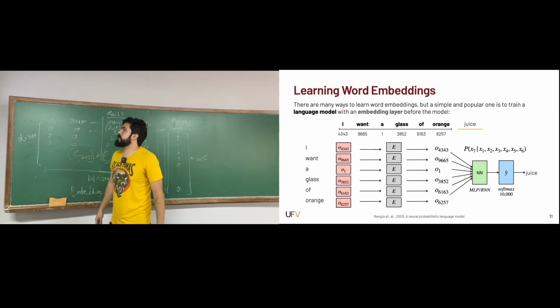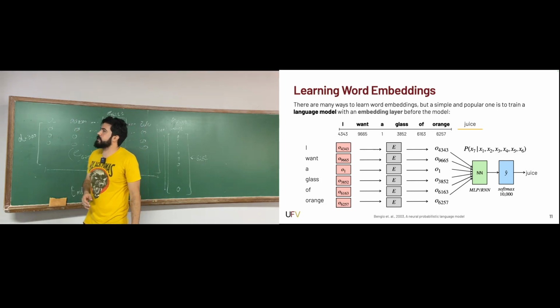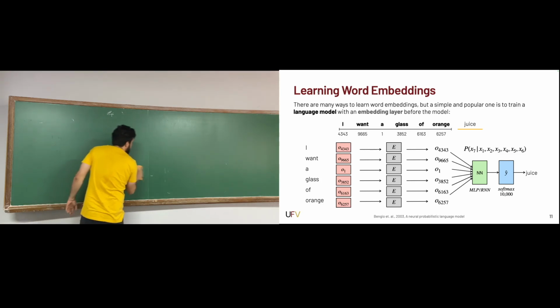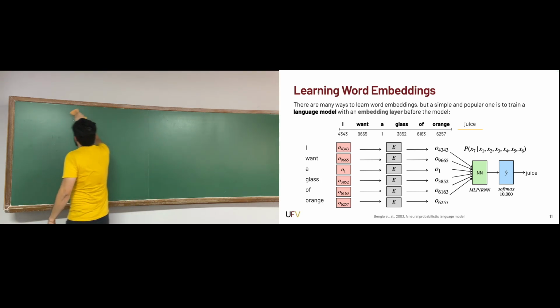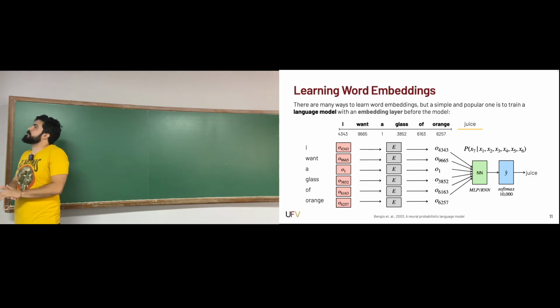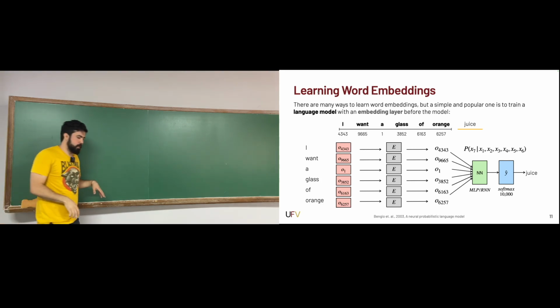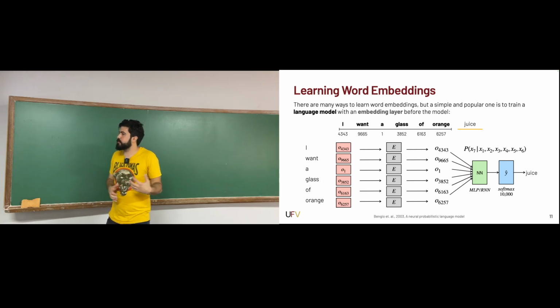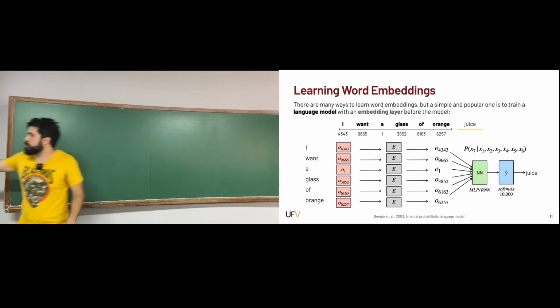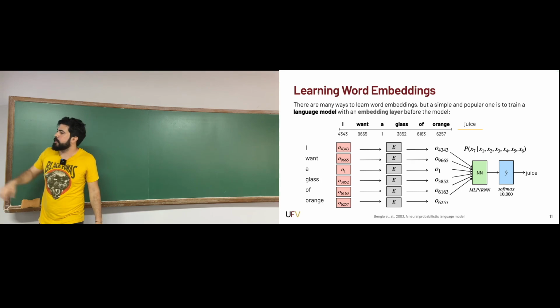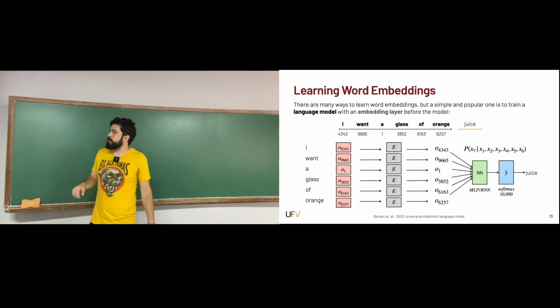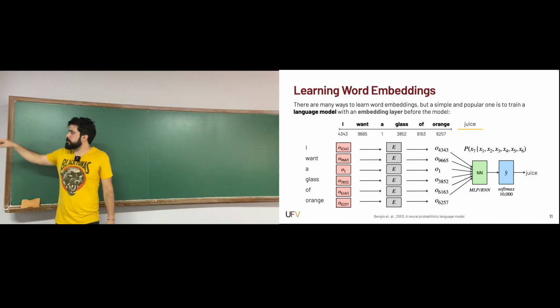So here is where it starts to get interesting. There are many ways to actually learn an embedding matrix. But a very popular one, and perhaps one of the earliest ways, was proposed by Yoshua Bengio and others in 2003, in the paper A Neural Probabilistic Language Model.